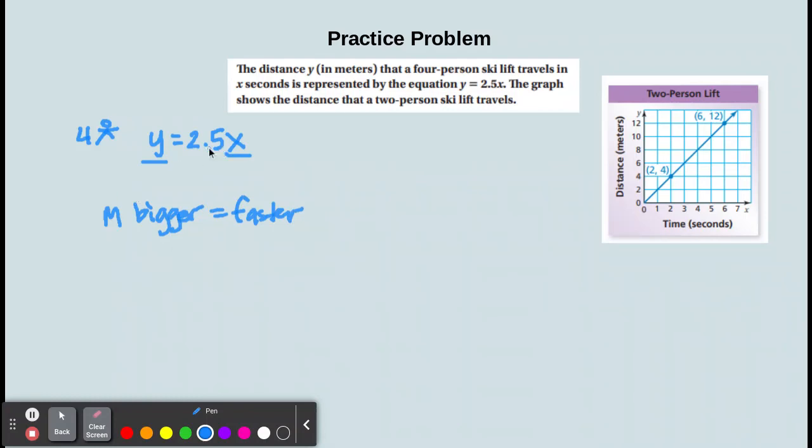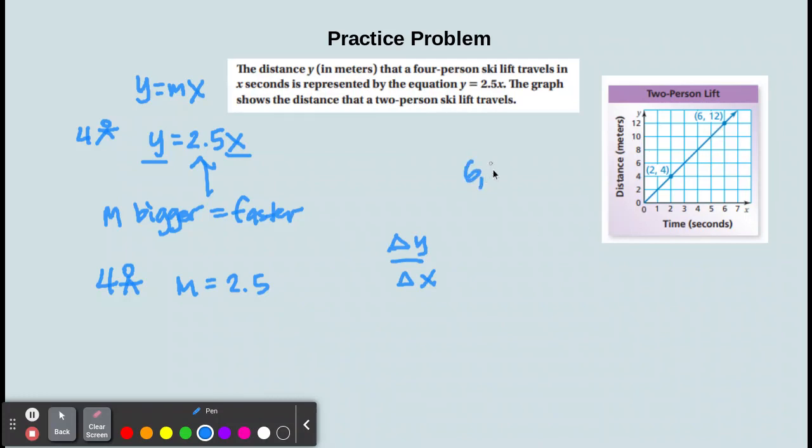Okay, so we know right here for our 4-person one that the m value, the slope, is what? 2.5. We don't have to do any calculations. We just have to look because we know this is in the form of y equals mx. Okay, now on the 2-person one, we're going to have to actually calculate our slope. And do you remember how to calculate the slope? It's our change in y over change in x. Okay, so we take our second point, which is 6, 12, and we're going to subtract our first point, which is 2, 4.